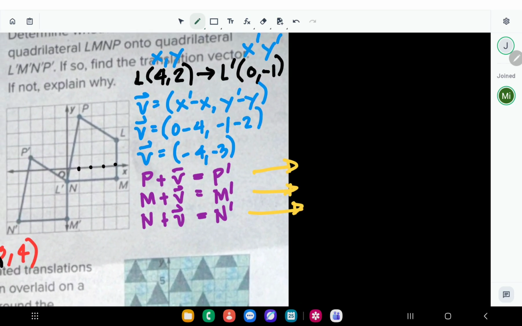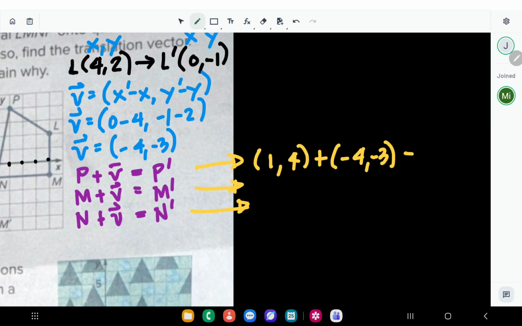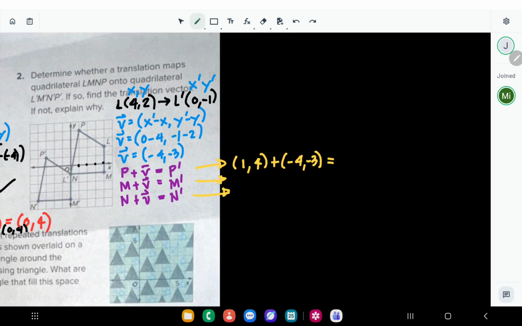Okay, P, what is the coordinate of point P? Yes, P is 1, 2, 3, 1, 4. Okay, plus the vector negative 4, negative 3. Then what is P prime? P prime is the point P from the translated image.